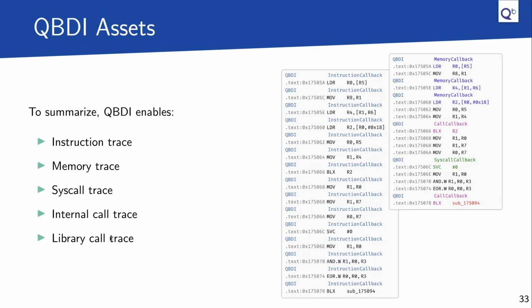So this is what QBDI provides. And when you have to analyze obfuscated code, you can use one, or you can combine these primitives. Now we'll see how we can combine these primitives to analyze obfuscated code.